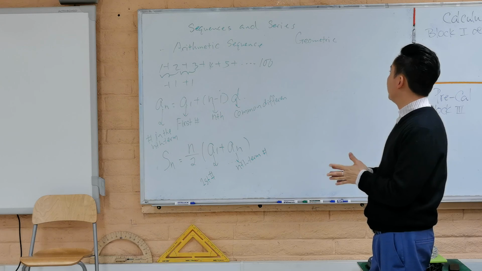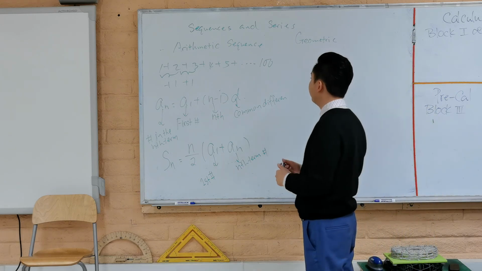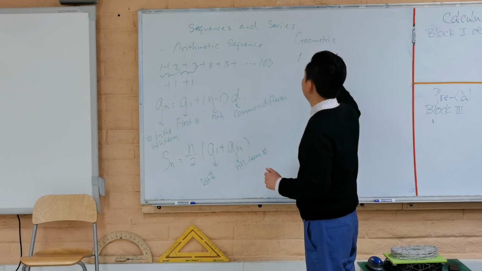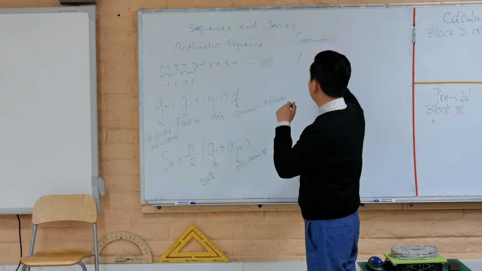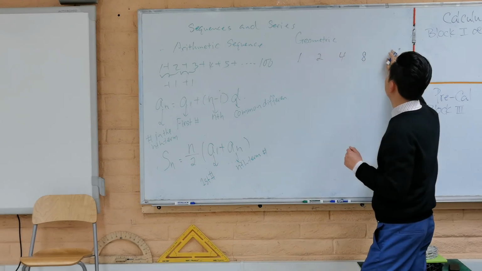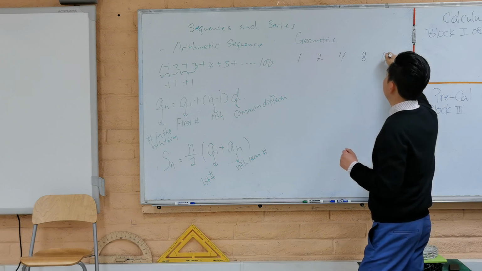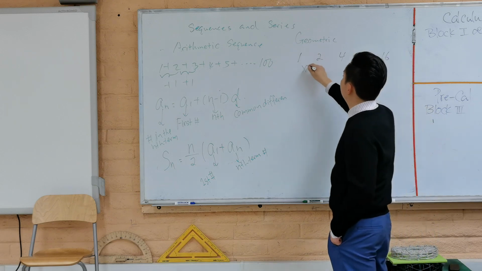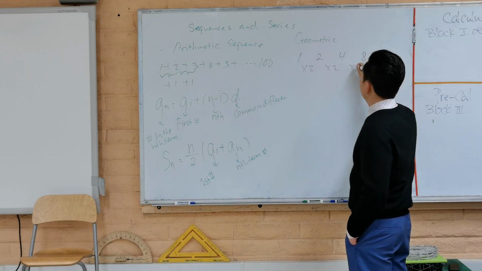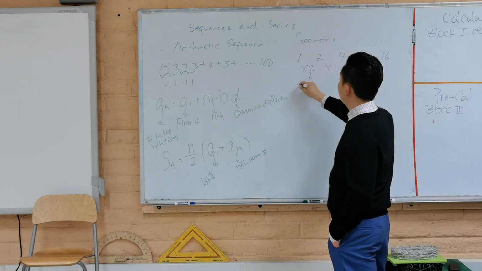Okay, so now let's see what else we have. For the geometric one, let's say we do have 1, and then 2, and then 4, 8, 16. That means we just multiply from one number to the next number. So we multiply by 2. And the 2 right here is called a common ratio.